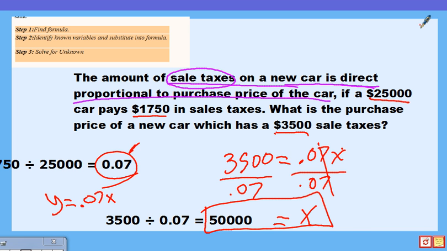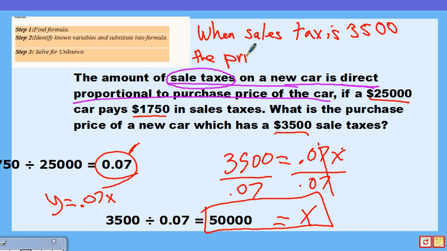Okay, so make sure you write it in a complete sentence. When sales tax is 3,500, the price of the car is $50,000.